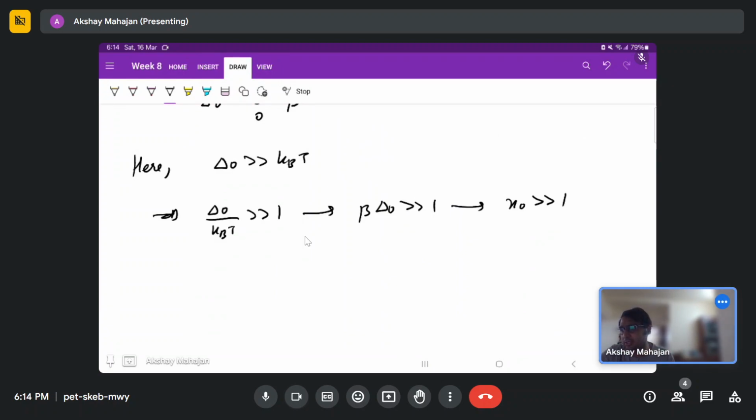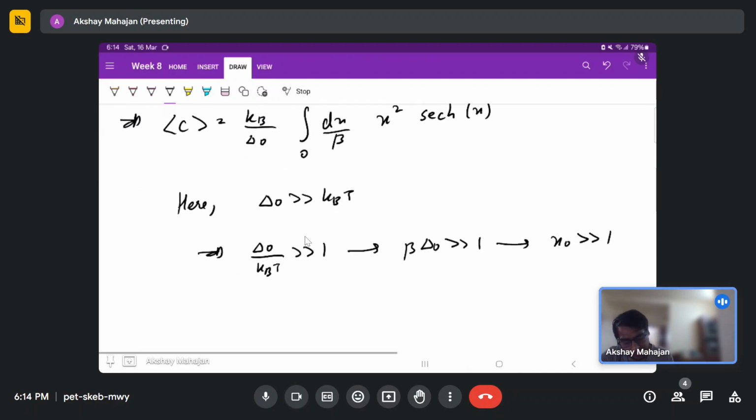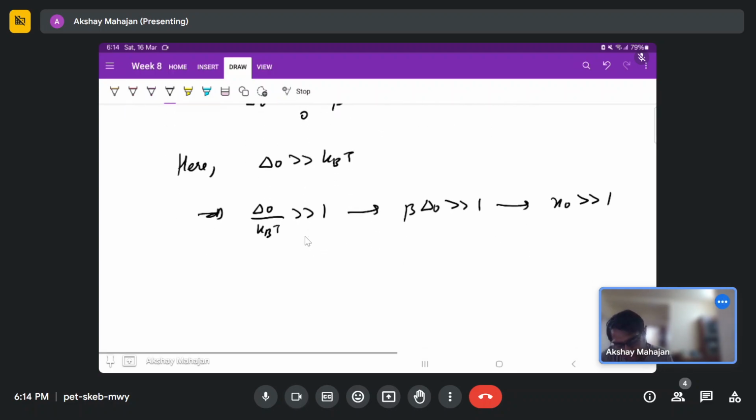Okay, so we can just consider that, and also the reason is this sec hyperbolic square. So let me just write the reason.